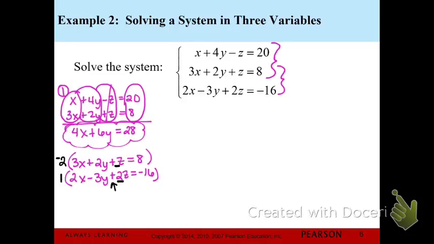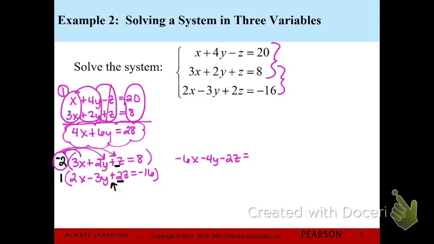Once we do that, let's take this negative 2 and distribute it. So negative 2 times 3x. I'm just going to write it here beside it. Negative 2 times 2y. Negative 2 times z. Oh, my bad.